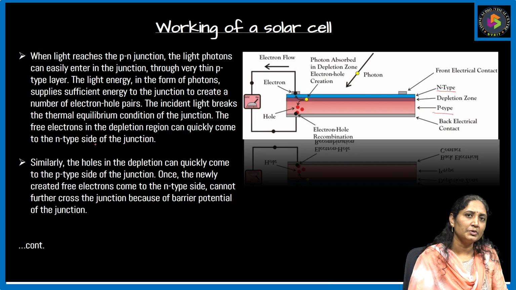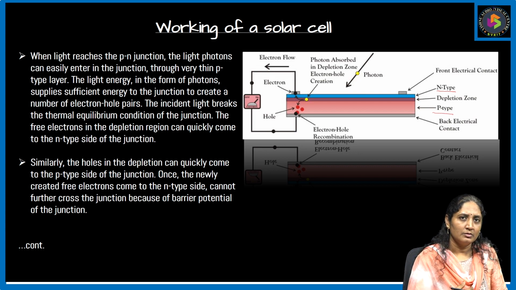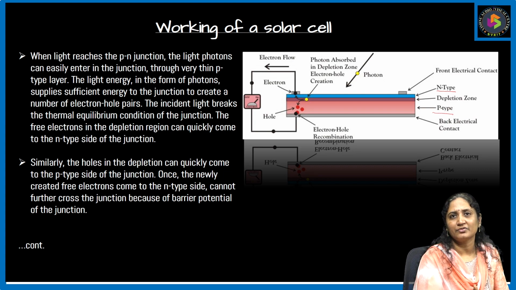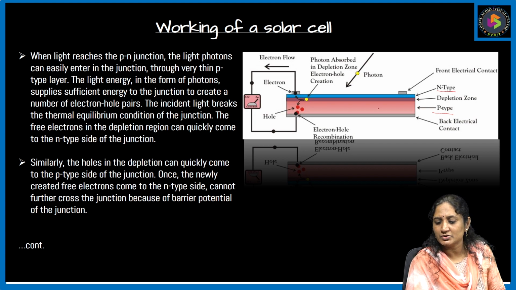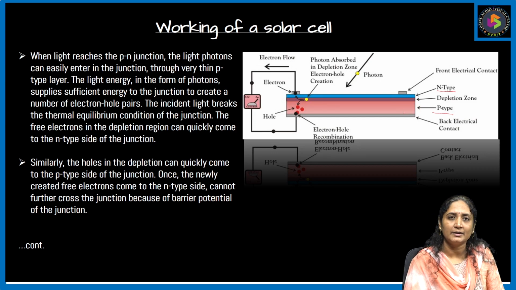So due to the holes transferring from p to n and the electrons transferring from n to p between the two layers, a depletion zone takes place, and because of this depletion zone the junction is formed between p and n.